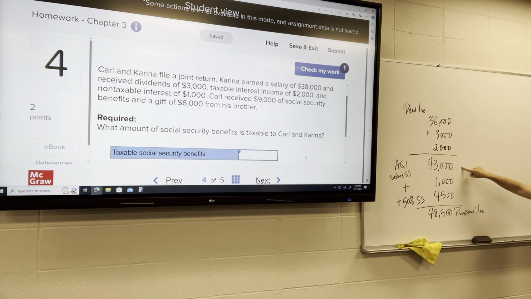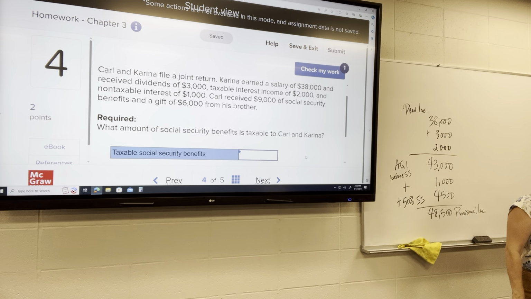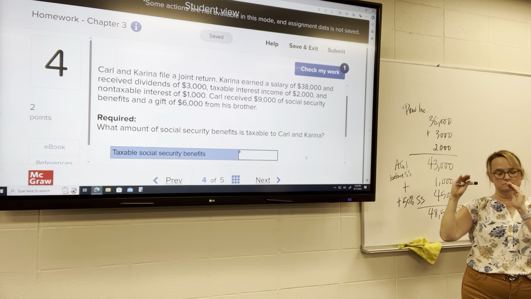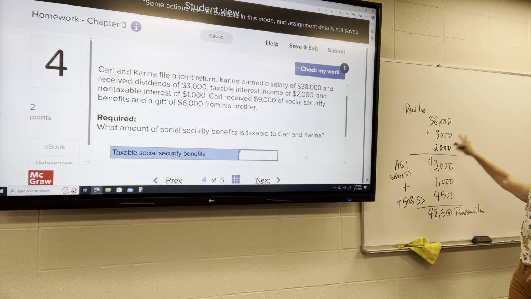I was reading over problem number 3, it says qualified dividends of this, this, and this, and I was reading that lesson again, and it didn't make a ton of sense to me, but I got the right answers. I think our dividend income conversation is different from our Social Security benefits conversation, because it does matter if dividends are qualified or not with regard to how they're taxed, but it doesn't matter as far as Social Security.